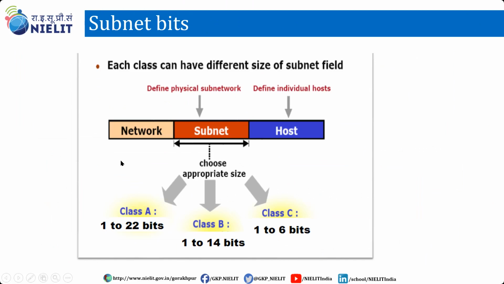So these are the total number of bits that can be utilized in the process of subnetting for class A, class B, and class C.